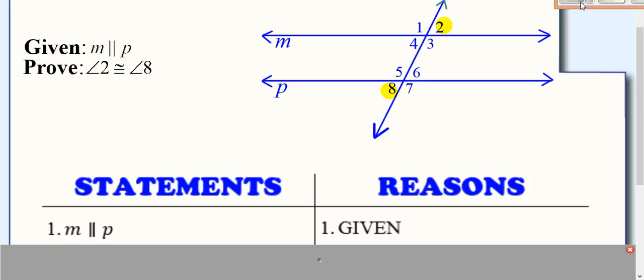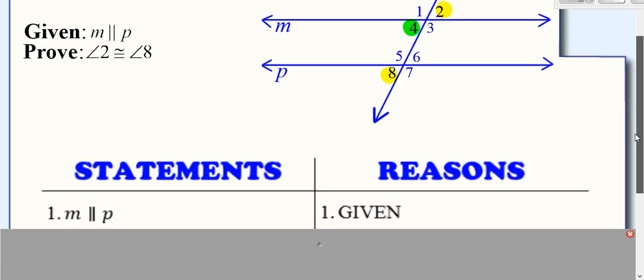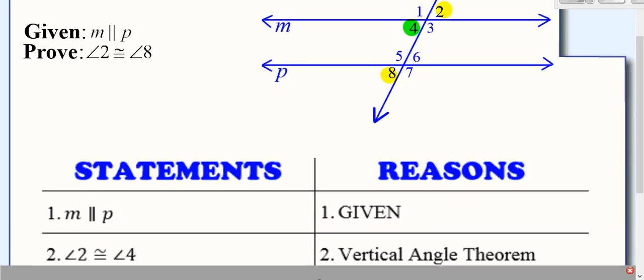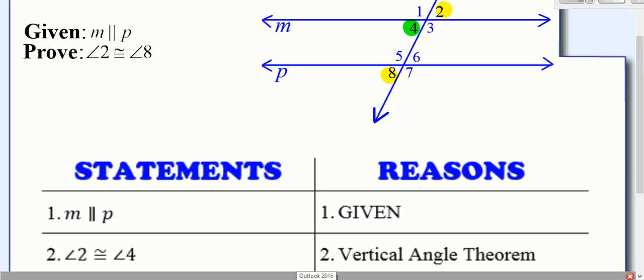So with everything that we just reviewed real quick, we know there's a ton of ways that we can go about this. We could use angle 6. We could use angle 5. We can use almost anything up there. But we're going to take angle 4 in this case and tie them both to angle 4. So we know that angle 2 and angle 4 are congruent because they are vertical angles.